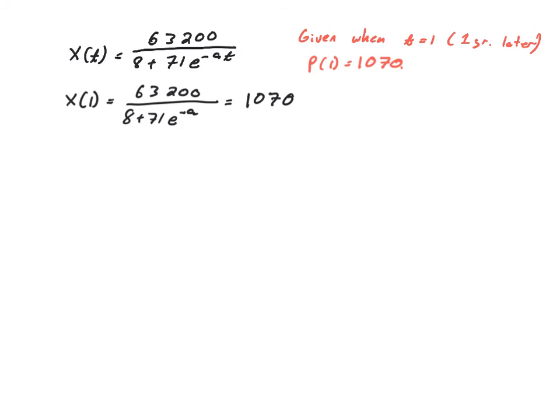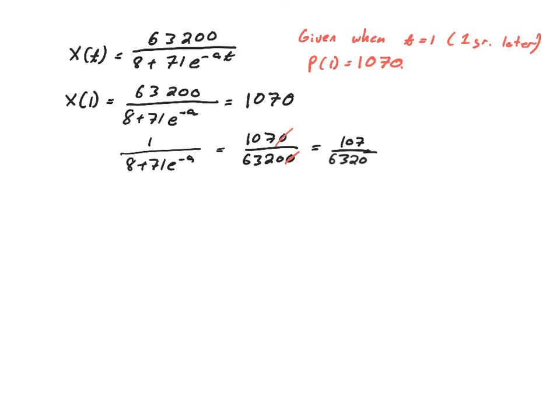Okay, so now if I divide everything through, I will have 1 divided by 8 plus 71e to the negative a is going to be equal to 1,070 divided by 63,200. And again, I can cross out a 1, just making that 107 divided by 6,320.